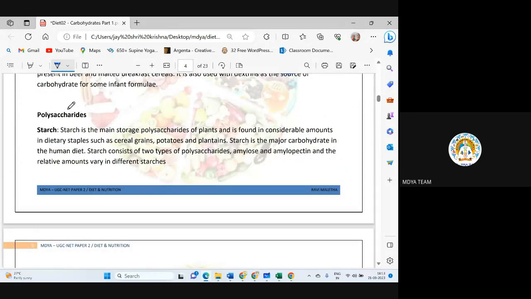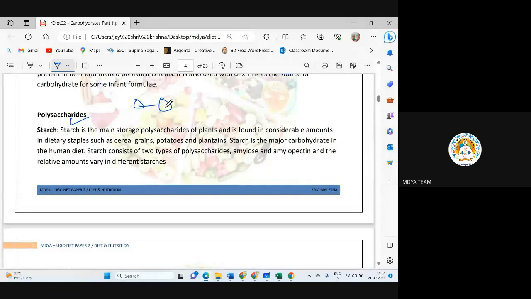So now let's understand the third type of carbohydrate. This is the most complex type of carbohydrate. The more monosaccharides present in any carbohydrate, the more complex it will be. When there are only two monosaccharides, there will be a simple single bond.